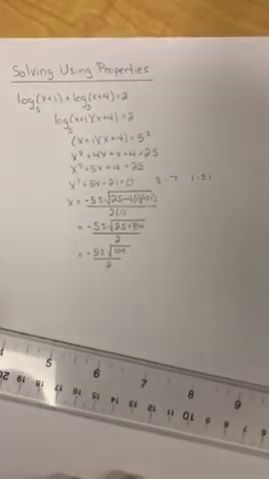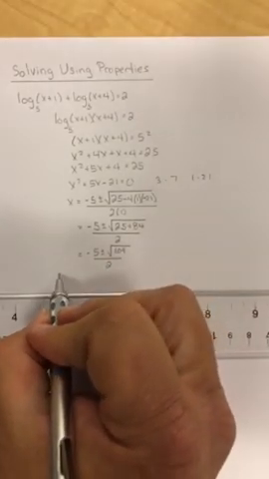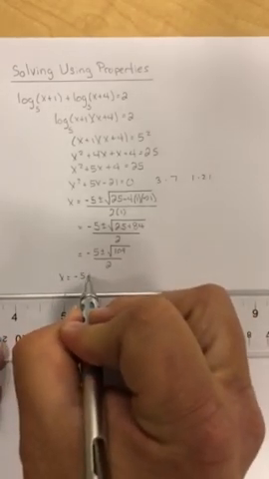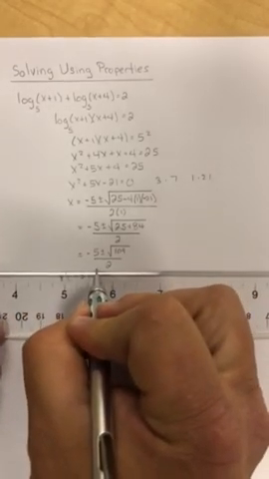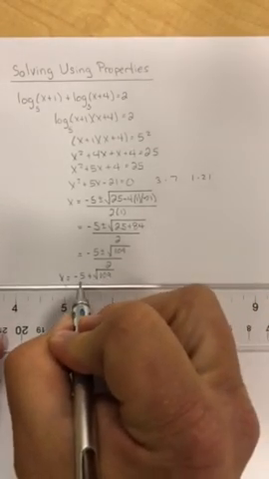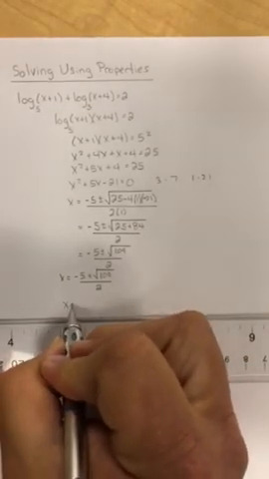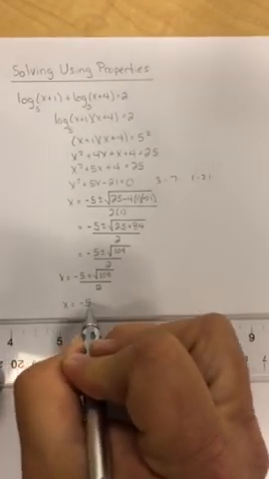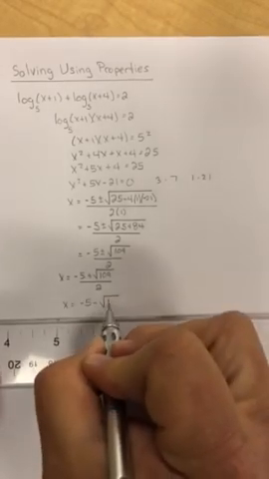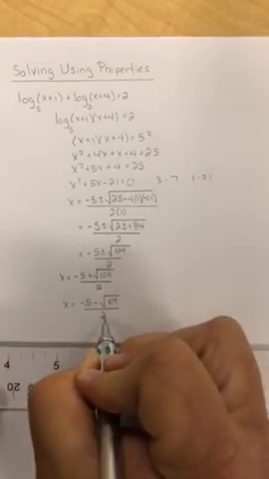Okay, so now these are our two possible solutions. We're not going to call them final solutions yet. Let's separate them into two separate solutions. One would be x equals negative 5 plus the square root of 109 over 2, and x equals negative 5 minus the square root of 109 all over 2.